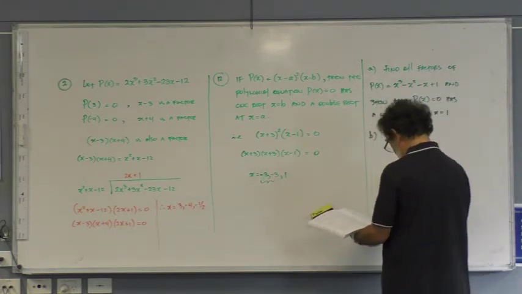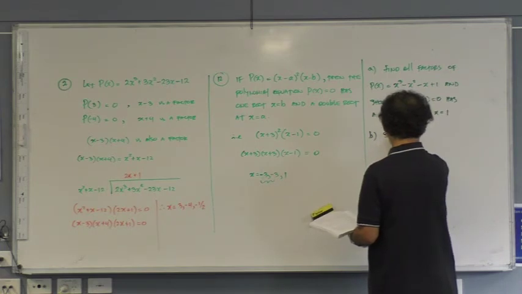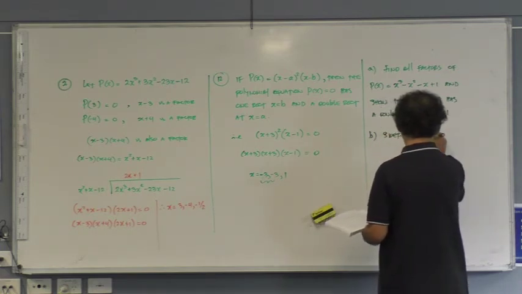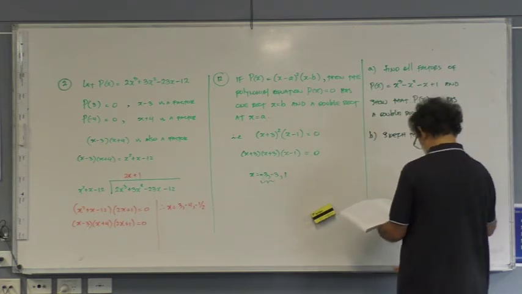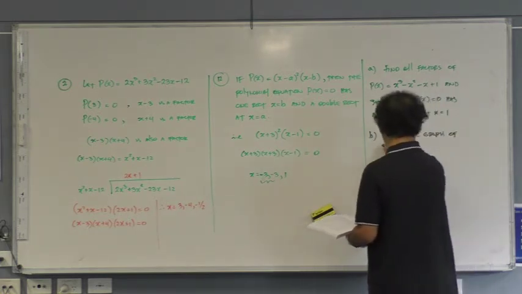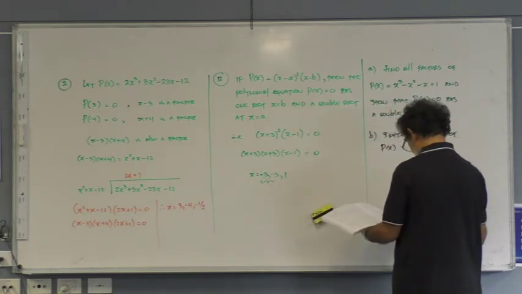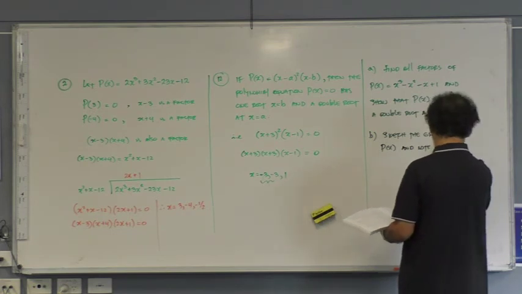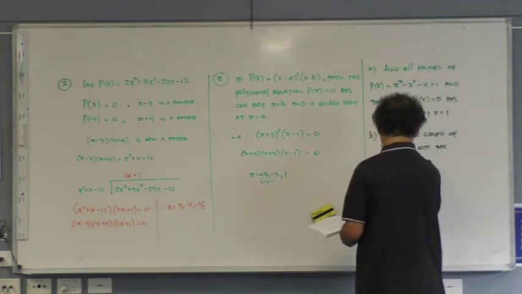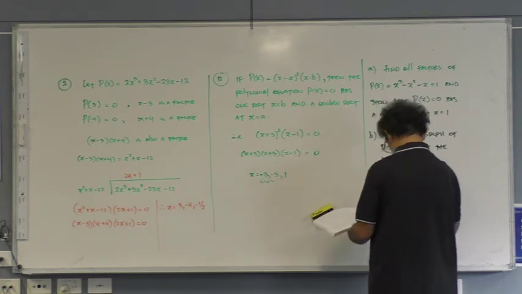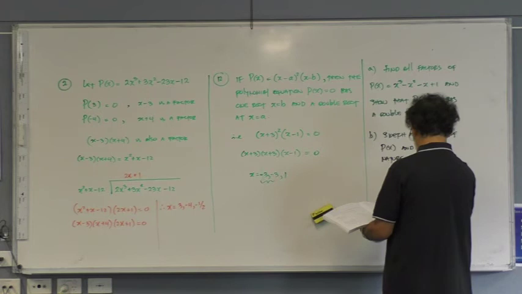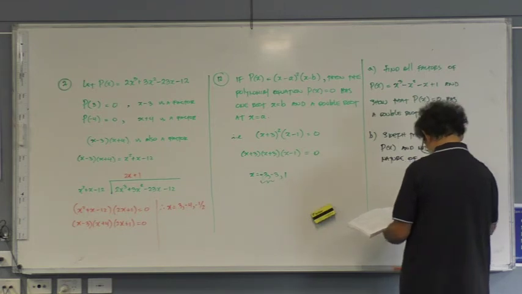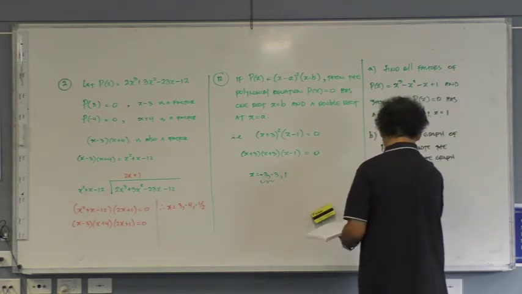And then part B: sketch the graph of P of x, and note the nature of the graph at the double root.